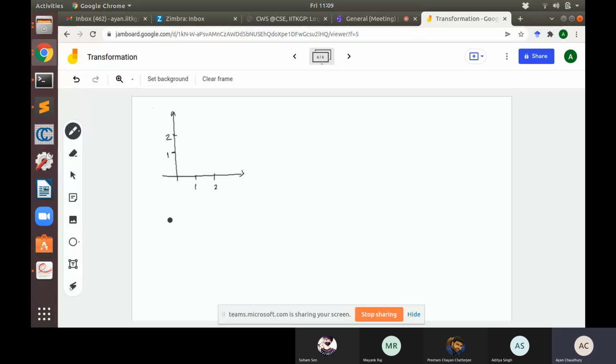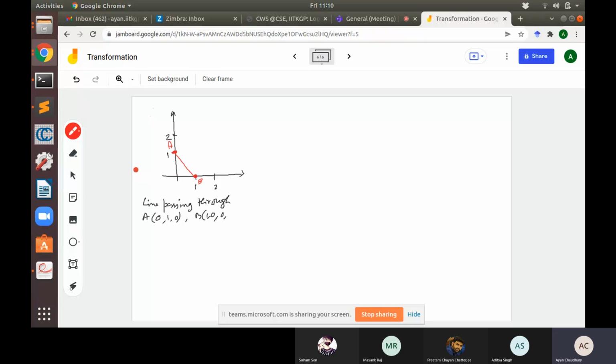Now we consider a line passing through two points, like point A, which is, let's say, 0, 1, 0, and B here. So this is A and this is B.